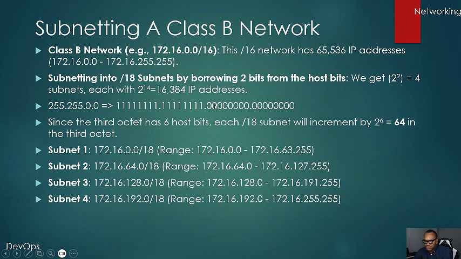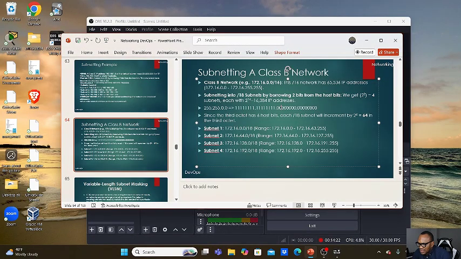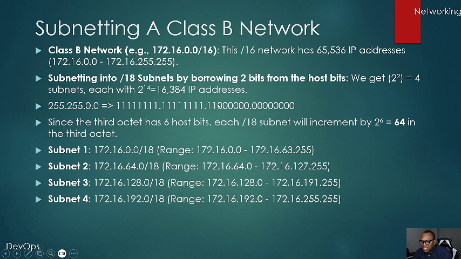If you borrow 2 bits in the 3rd octet, you have 1 1. So now you have 16 plus 2, which gives you 18. So each of the new subnets will now be /18. We'll be able to create 4 subnets from this. And what do we do now? Let's get each of the subnets.